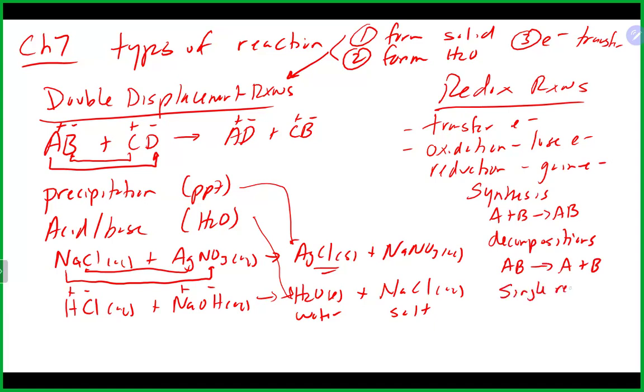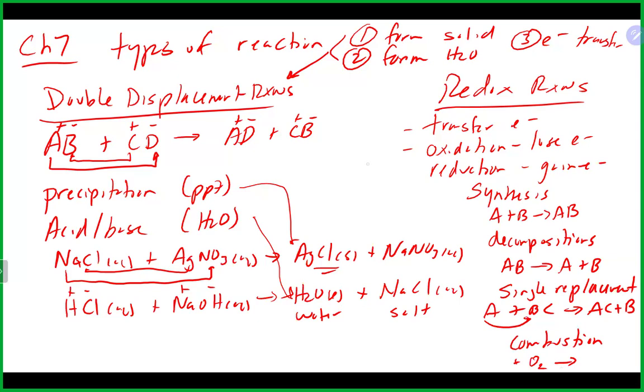Single replacement reactions, one thing comes in and kicks out something else. And combustion reactions. So for combustion, you just need oxygen in most cases. And in each of these cases, electrons are being transferred, essentially, is what is happening.